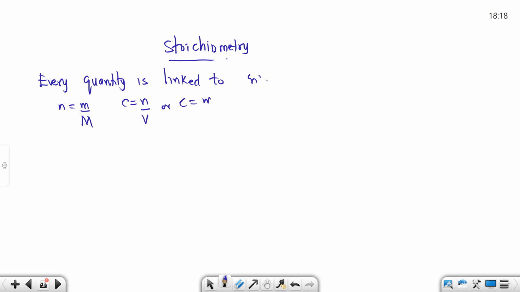Or number of moles is mass over molar mass and volume. If I want volume, number of moles is volume over molar volume. If I want number of particles, number of moles is number of particles over Avogadro's constant. Everything is linked to number of moles. If you get this in grade 11, I promise you, grade 12 is a walkover.